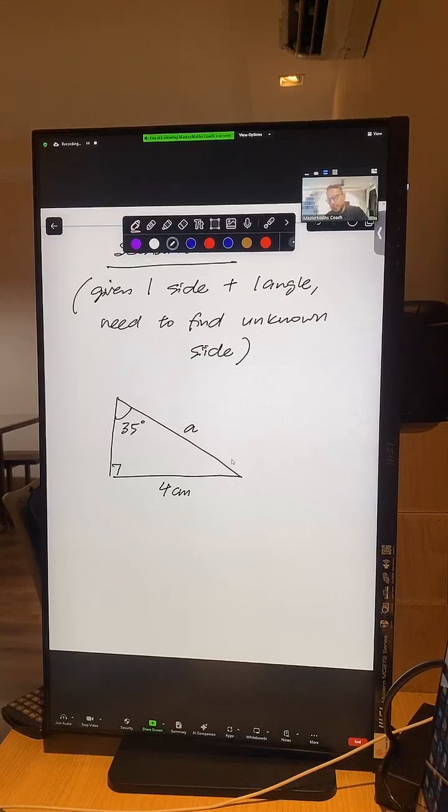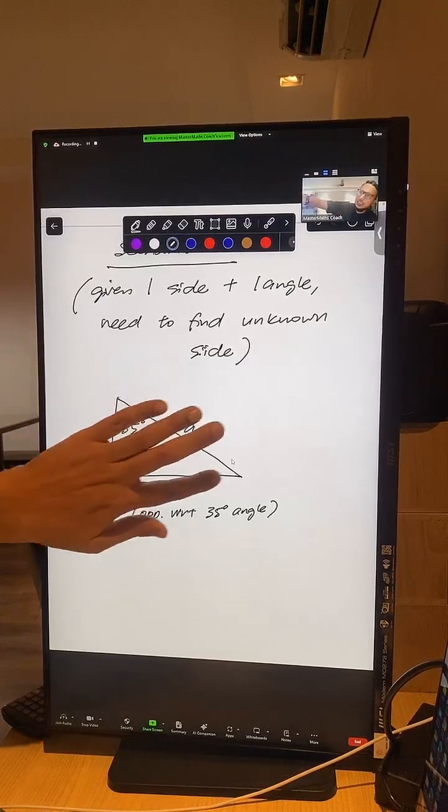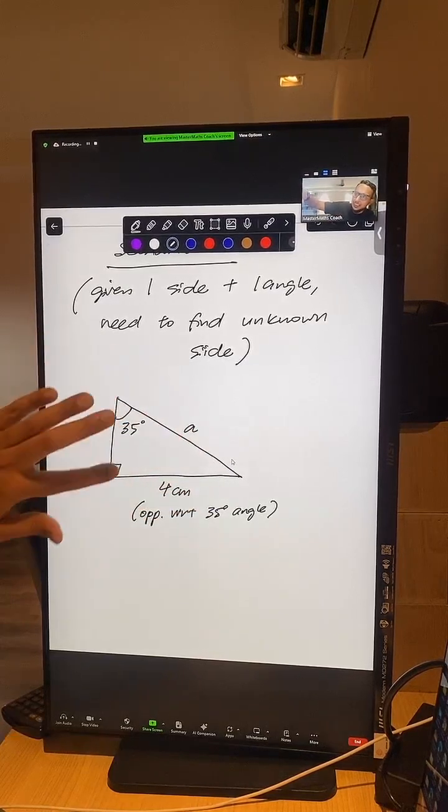Okay, so you look at angle 35 degrees. This is the opposite side. Okay, so I label there opposite with respect to 35 degree angle. Because this angle here, this is the opposite side, this is the adjacent side.